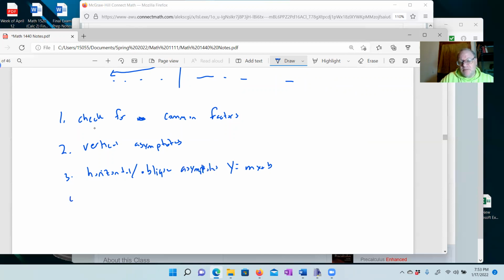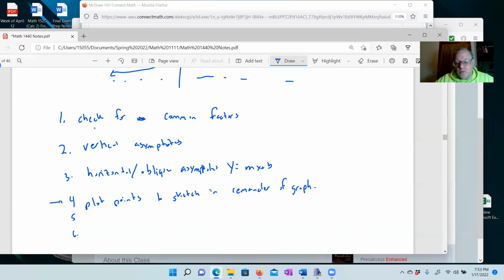After that, there might be some other questions that people would ask, but in general, what you're going to do after that is plot points to sketch in the rest of the graph. These may not exist at all.